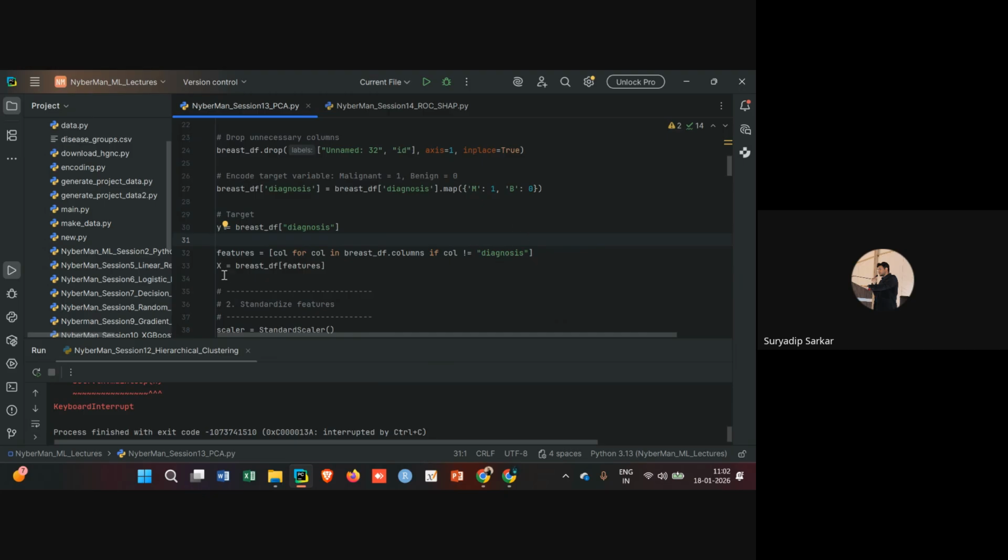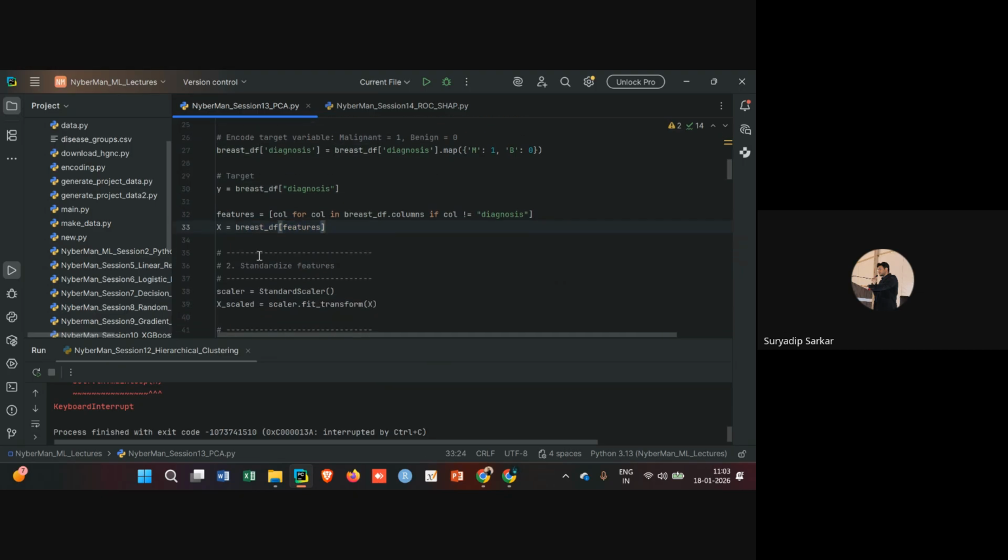So this is nothing but our feature matrix. After that we'll do standardization. If you notice, PCA is also very dependent on how each feature is scaled.